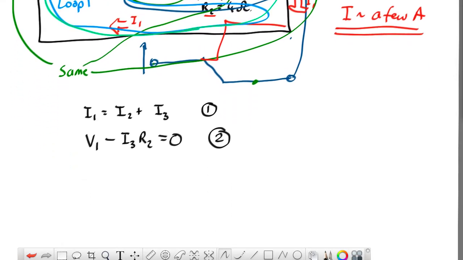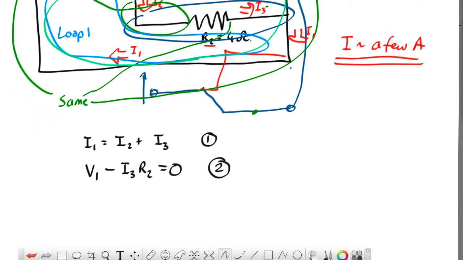So that must come to 0. So we've got V1 plus V2 minus I2R1 equals 0. And that's our third equation.